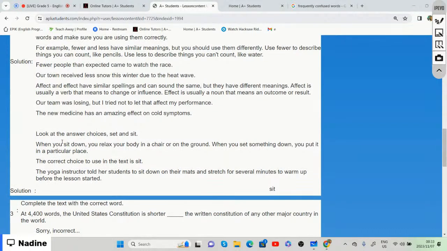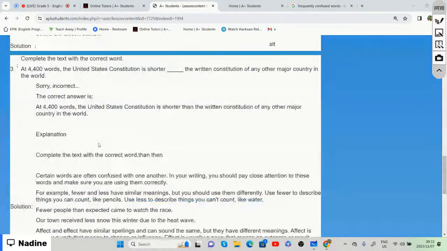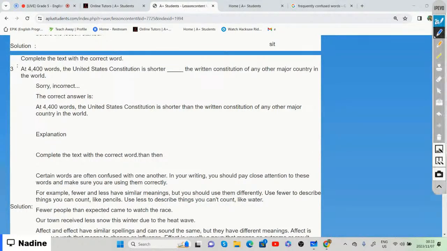And then we have: at 4,400 words, the United States Constitution is shorter. Do we say shorter than, or shorter then the written constitution of any other major country in the world?